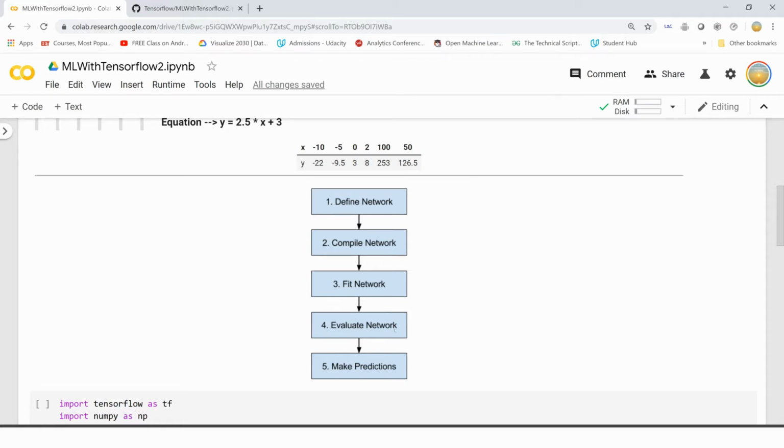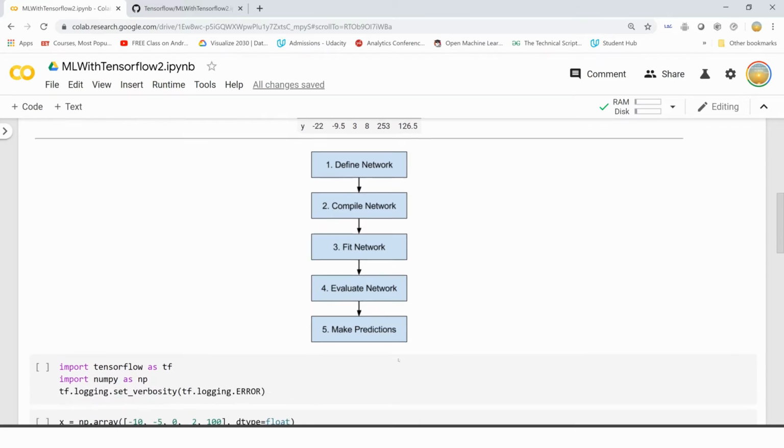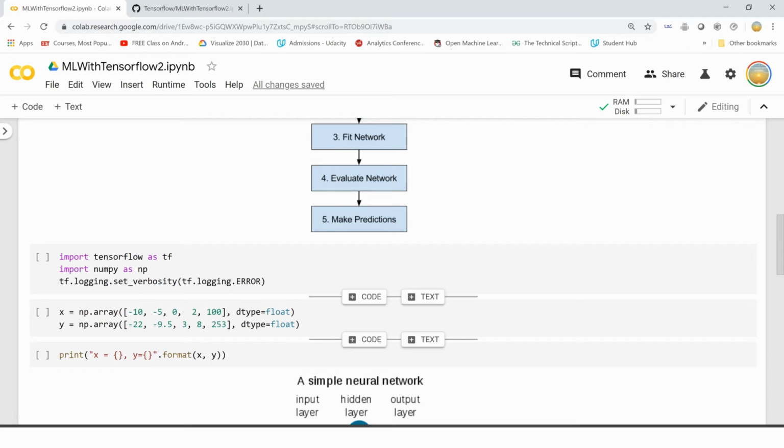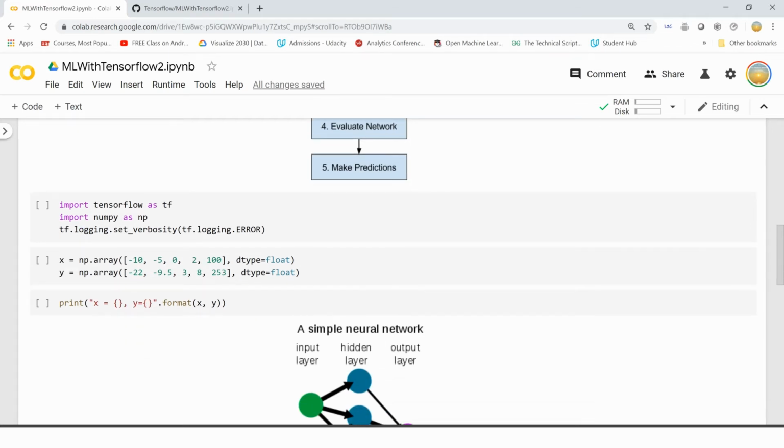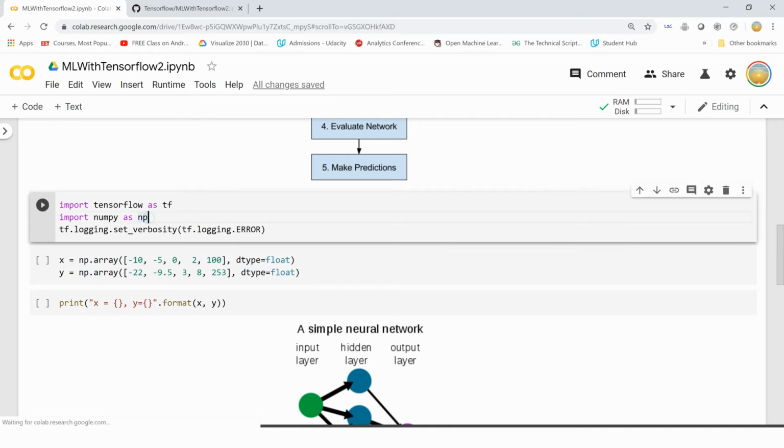Then I'll evaluate the network, its performance, and then I'll make predictions accordingly. For that, I'm importing the TensorFlow library and giving it an alias of TF, and also the NumPy library and giving it the alias of NP. Next, I am suppressing any kinds of warnings except for errors. So please log only errors, not warnings, for me.